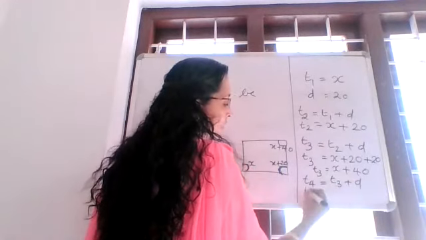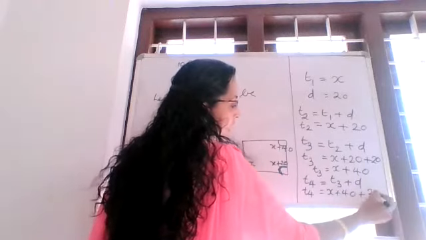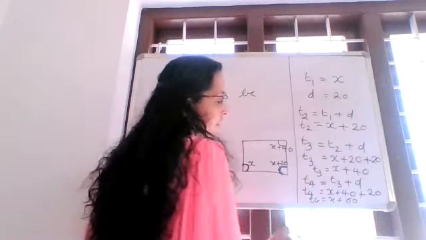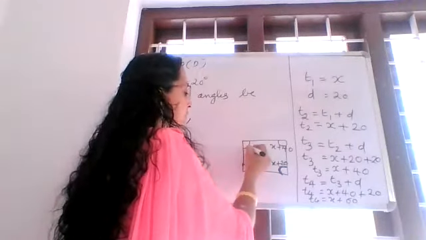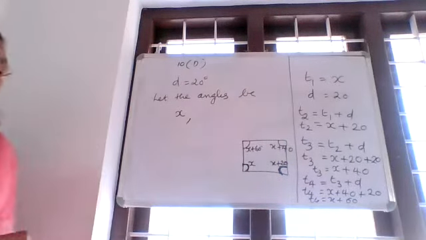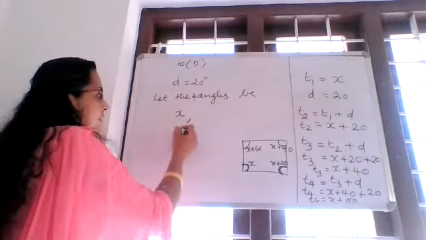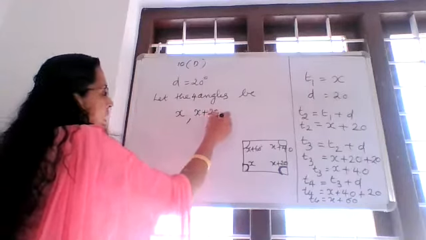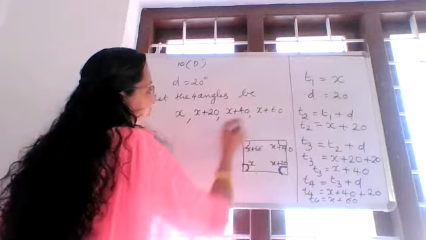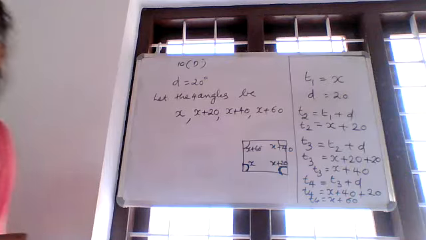T3 is x plus 40 plus d 20, so T4 we can write as x plus 60. The fourth angle is x plus 60 degrees. So we can write, let the four angles be x, x plus 20, x plus 40, x plus 60.